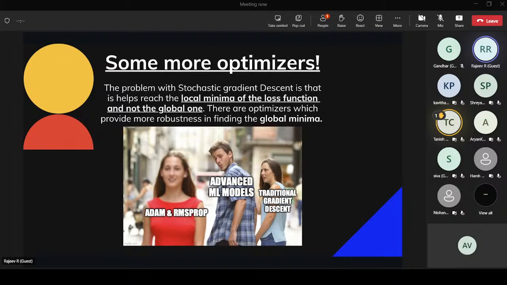Why do we want to converge to the global minima? Because we want to minimize the loss function as much as possible. So in this scenario, we look at Adam and RMS prop, two good newer inventions to improve our gradient descent formula.